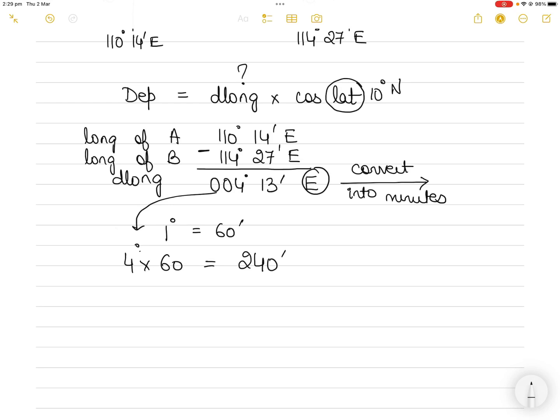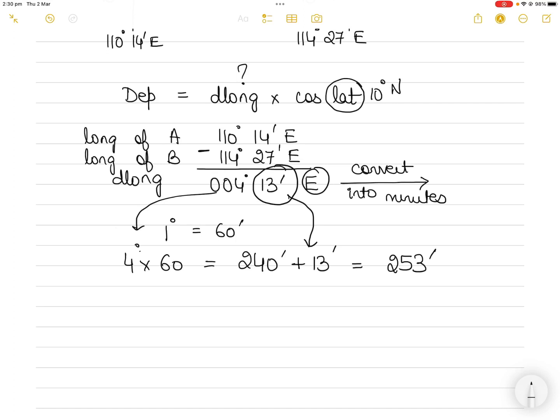But you also have the remaining 13 minutes here, which you must add into the minutes because it's 4 degrees 13 minutes. So this becomes 253 minutes. So you convert the degrees into minutes and then add the minutes which is remaining. In this case it was 13. So 4 degrees times 60 is 240 minutes, and add 13 minutes, you get 253 minutes.